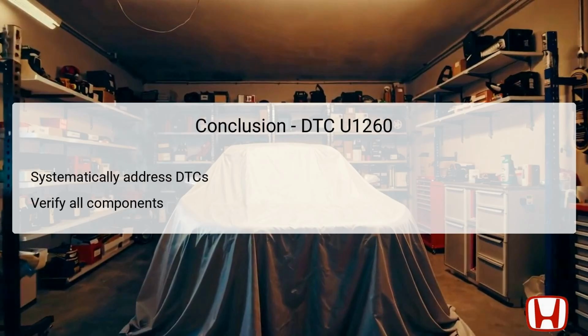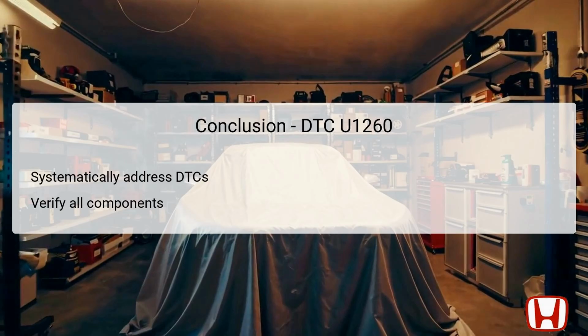In conclusion, addressing DTC U1260 requires a systematic approach to troubleshoot and resolve the loss of communication with the auxiliary transmission fluid pump effectively. It is critical to verify each component involved, from checking voltage and continuity to testing the integrity of wiring and making necessary repairs.